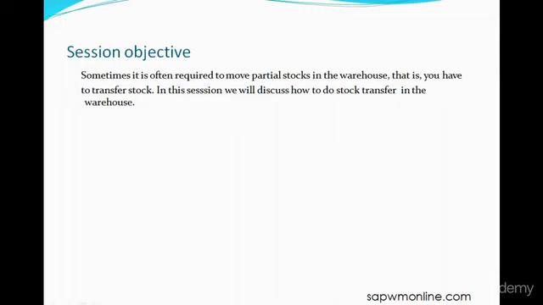So this is basically how we do a stock transfer from bin to bin in a warehouse. We have seen how we do a full stock transfer using LT10, and we can do a partial stock transfer in the warehouse from bin to bin using LT01.